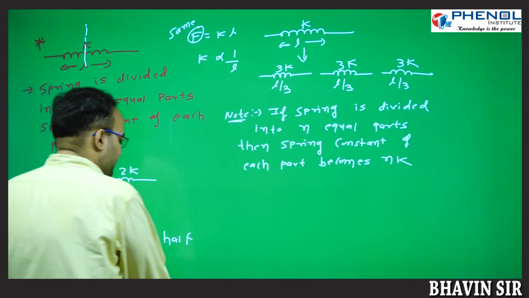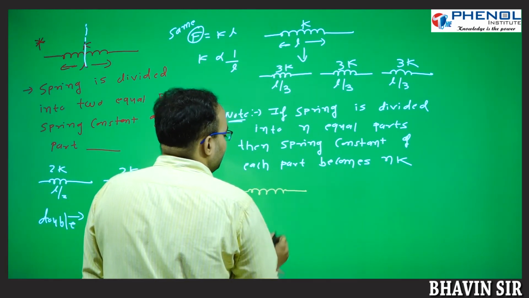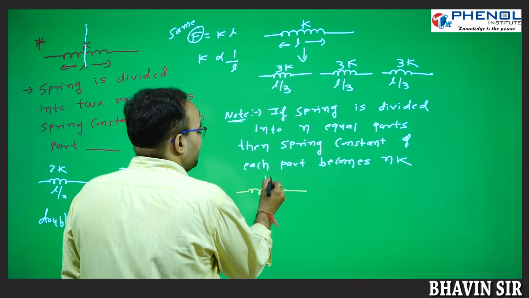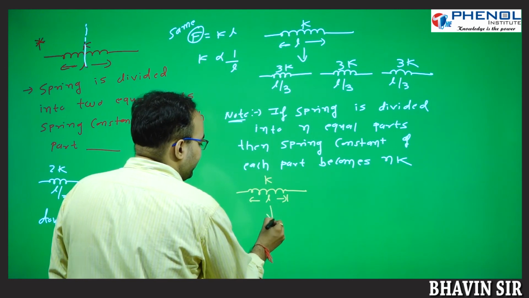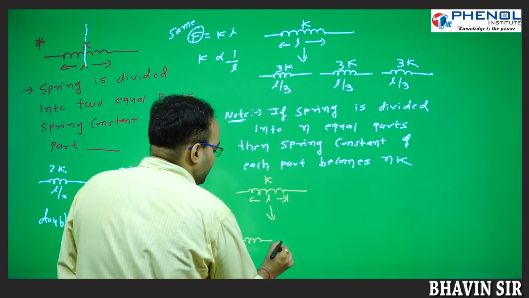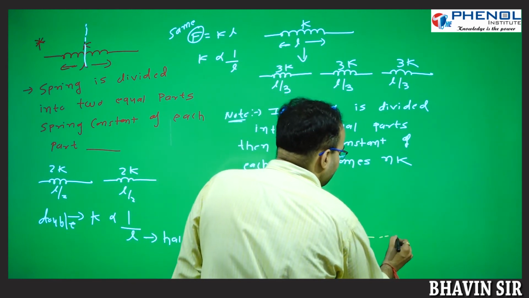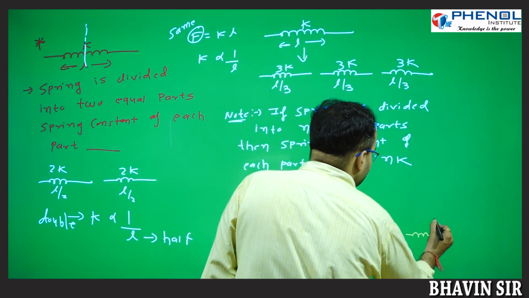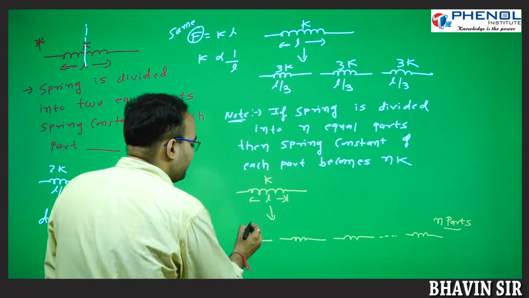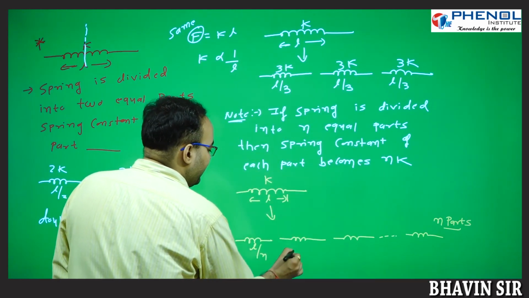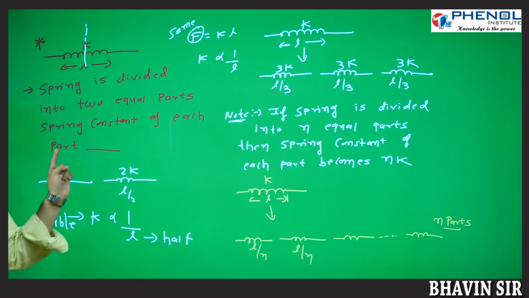So see students, this is the initial spring of spring constant K and length L. Now this spring is cut into n equal parts. The length of each part is L by n. If the spring is divided into 2 parts, then L by 2, L by 2.